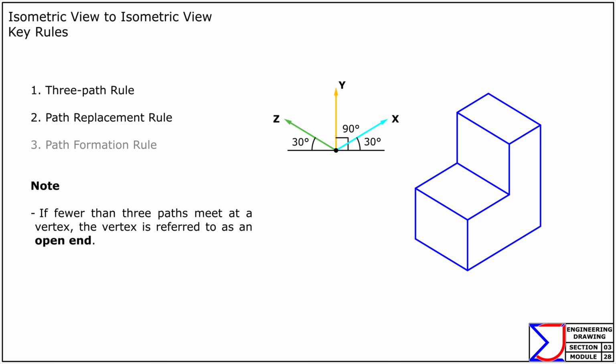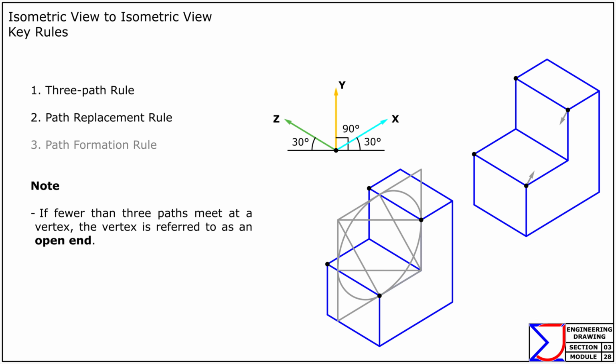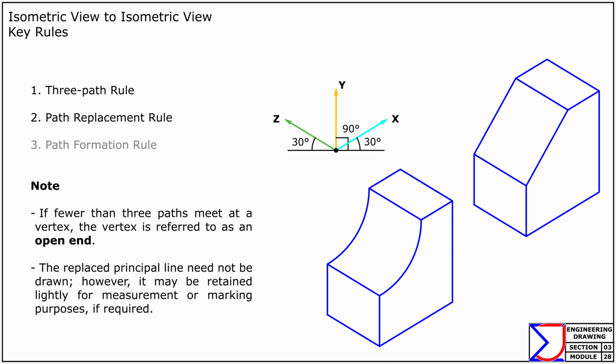Path replacement rule. If a vertex lies on a sloped or curved surface, one axis parallel path is replaced by a surface parallel path, straight for sloped surfaces and curved for curved surfaces. 3. Path formation rule. Sloped paths are formed by locating and joining the end vertices, while curved paths are drawn as isometric circular arcs in the appropriate plane.